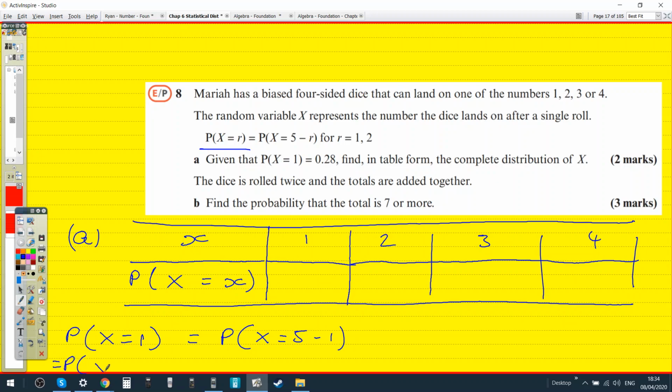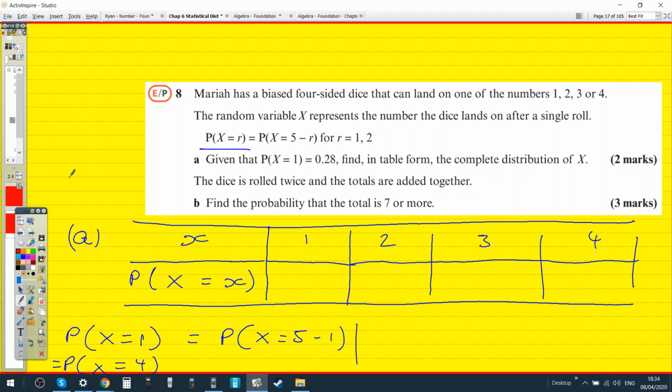If they have the same probability. Correct. So if we work out for 3 and 4, then that is the same as what it is for 1 and 2. Not quite. 1 and 4 are the same.